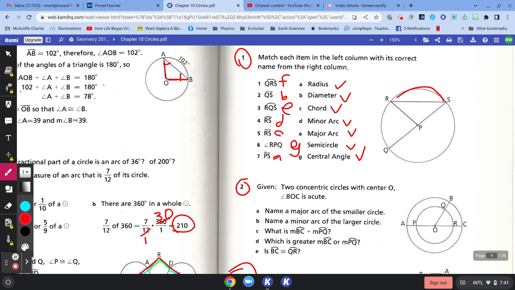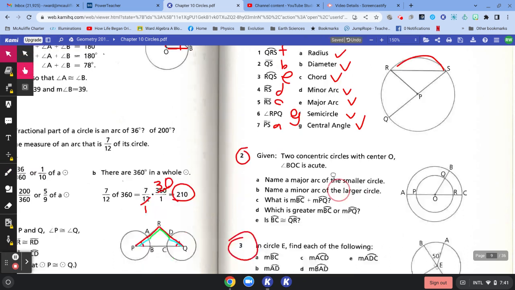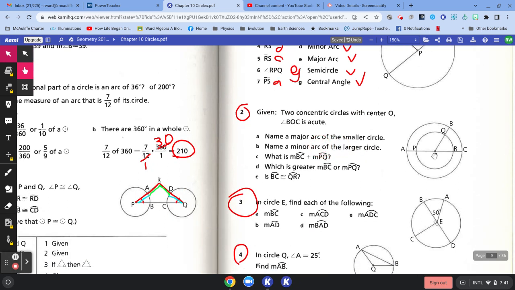All right, let's look at number 2. So we need to name a major arc of the smaller circle. Well, that would be QPR. So I'm going to go ahead and write that in here. So that's going to be QPR.